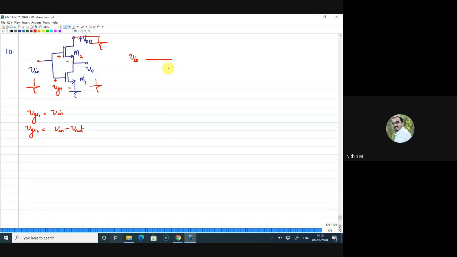This point is V in. Now the top one is M2, right? So here I have GM2 VGS2 in this direction and the resistance is here, which is R02, and this point is connected to ground.